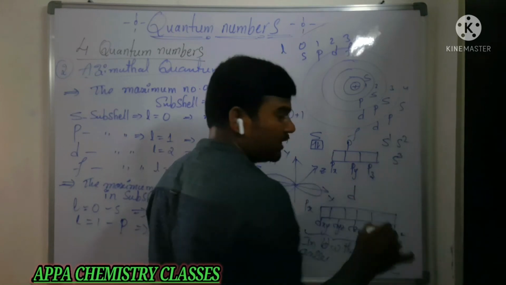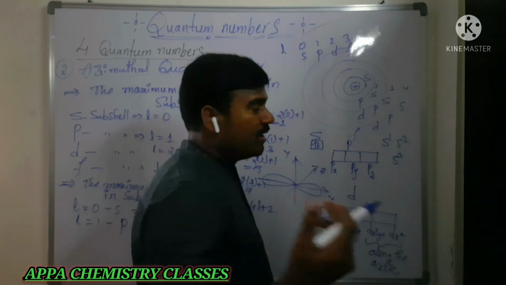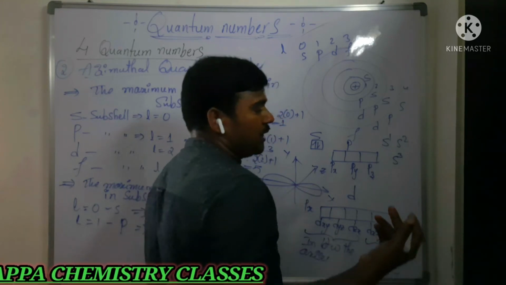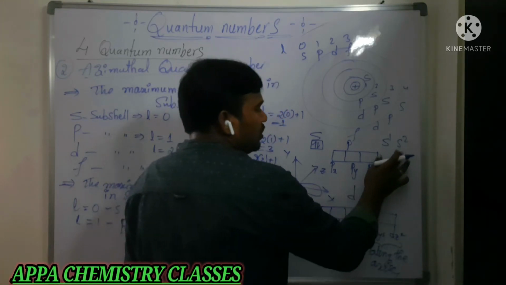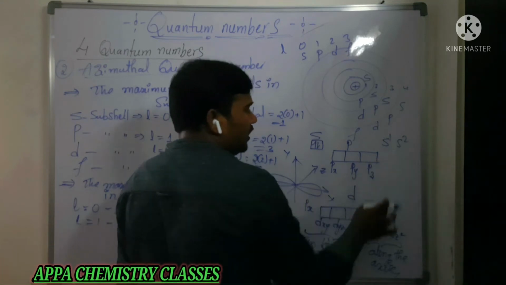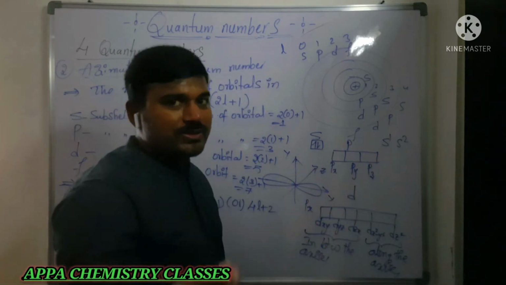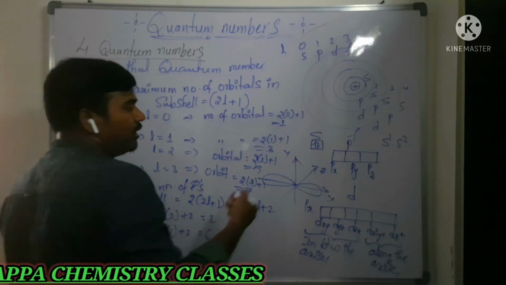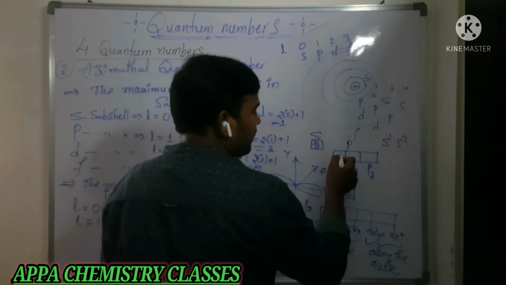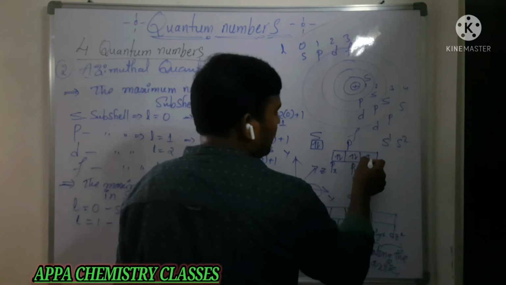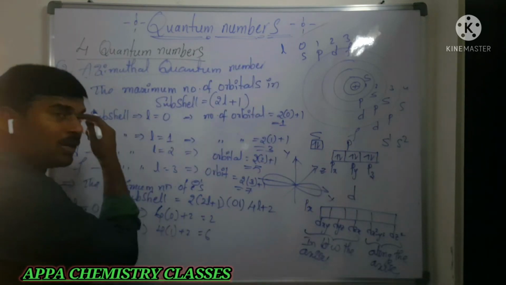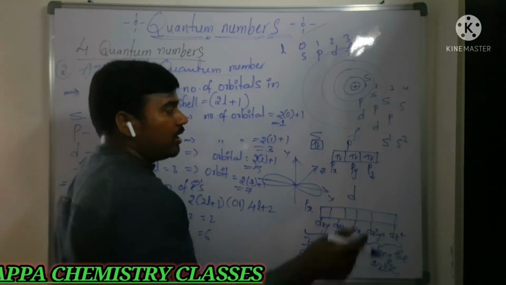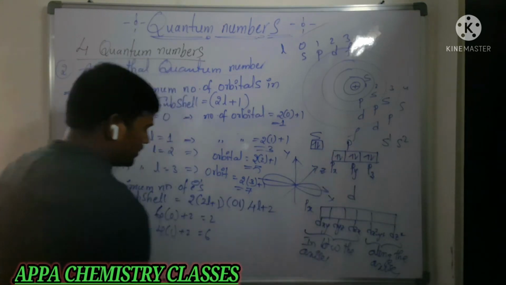We should not write S3. Some students who don't know electronic configuration write S3, but it is not possible to accommodate 3 electrons. The maximum capacity of the S subshell is 2 electrons. The maximum capacity of the P subshell is 6 electrons, because it consists of 3 orbitals, and each orbital holds 2 electrons.